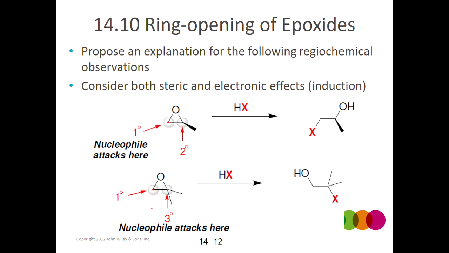Well, but what are the experimental results if we use an acid to protonate the oxygen first before the nucleophile can attack? Right, that's going to create this, and if it happens down here, similar situation.